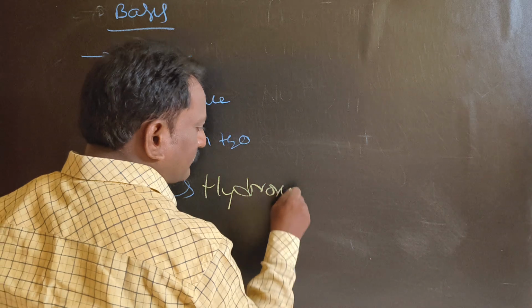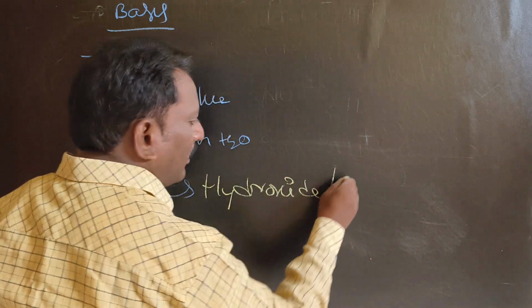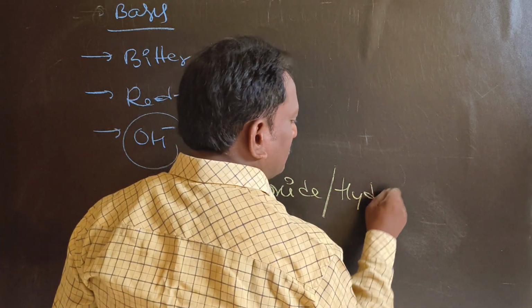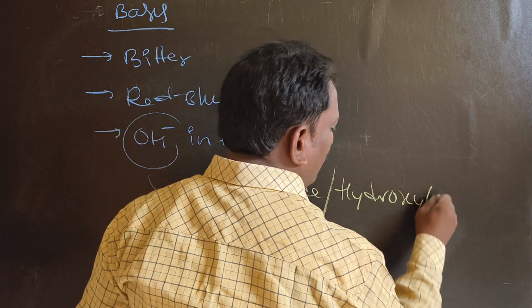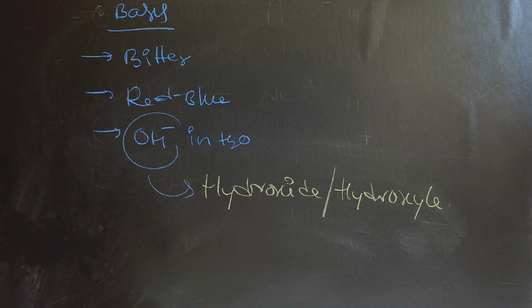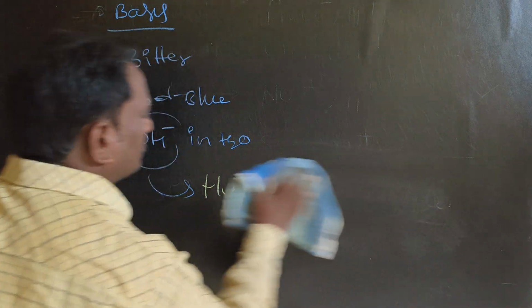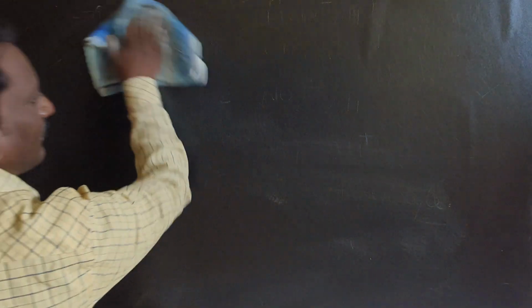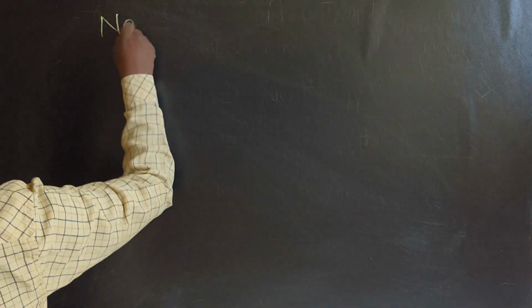Hydroxide ion or hydroxyl ion. Now let us see examples. First one is sodium hydroxide.